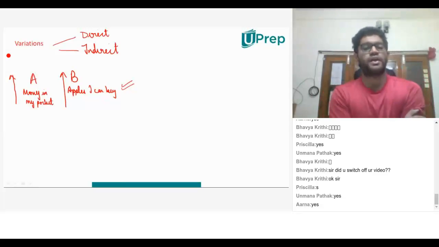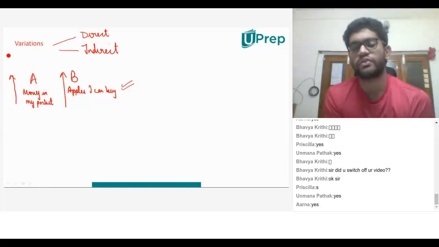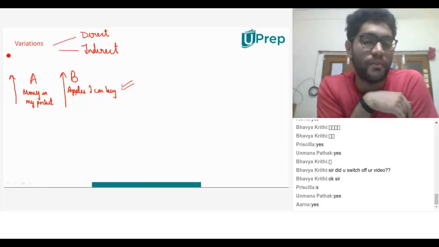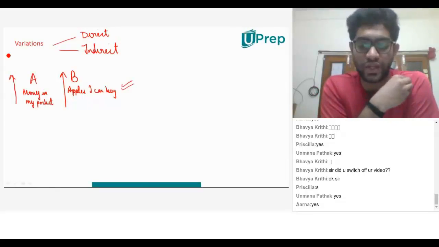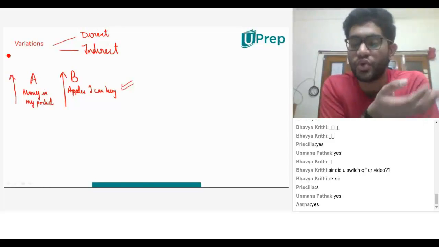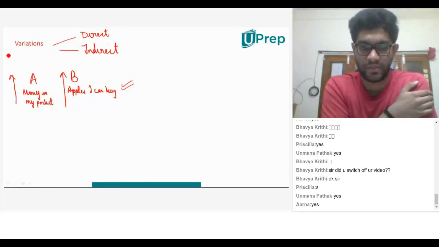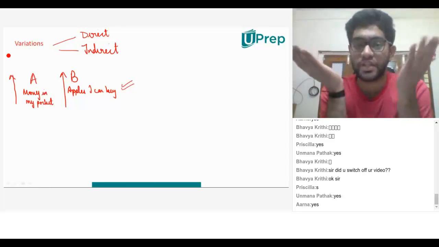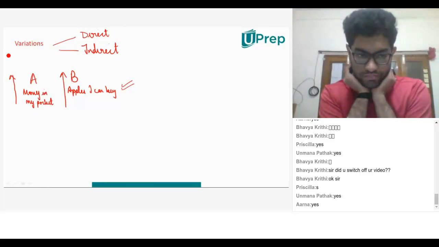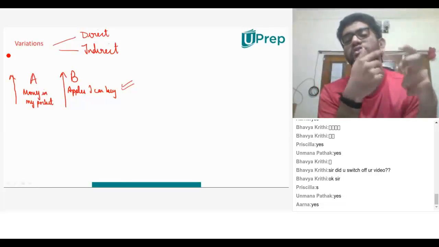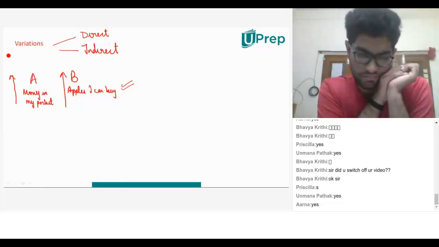I took an example where if the money that I have is increasing from 10 rupees to 20 rupees, the number of apples I can buy in a market will go up from 5 to 10. Yes. If I have lesser money, I will have fewer apples. Yes. Correct. That was direct variation where if one went up, the other also went up. They were directly related. One went down, the other went down. Now, what do you think would happen in inverse or indirect variation?